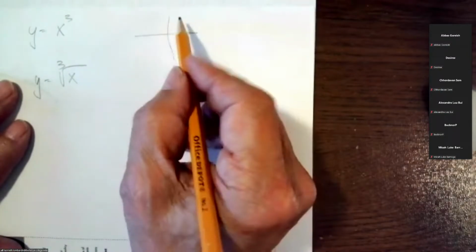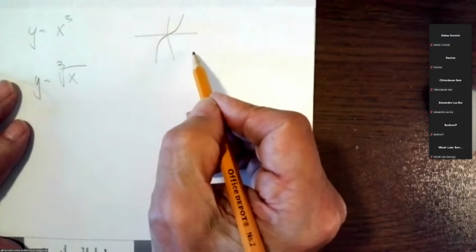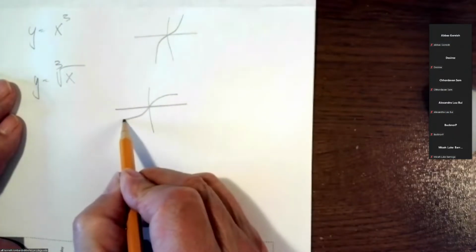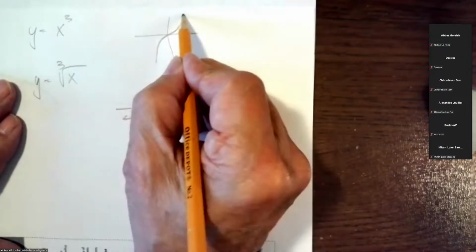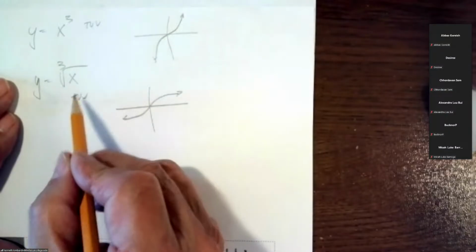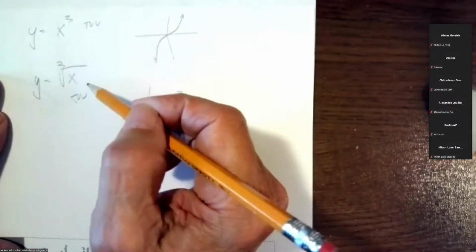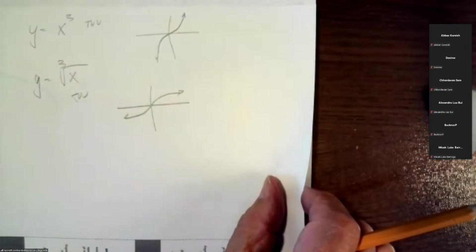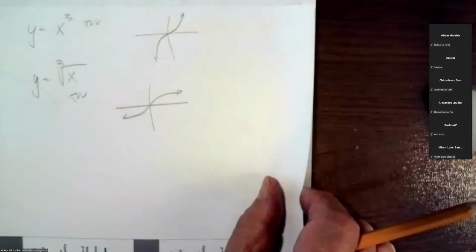X cubed looks sort of like that, and cube root looks sort of like that. And I'll leave it to you to create a table of values if you want to do that and go through the same logic we did before. There's nothing different conceptually in taking a look at the cube.